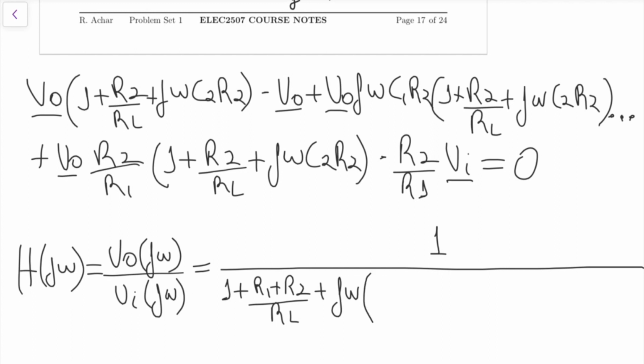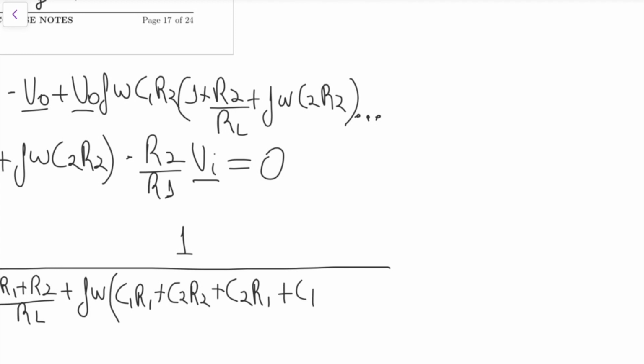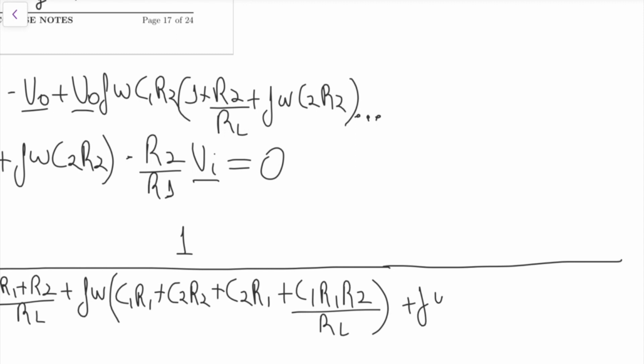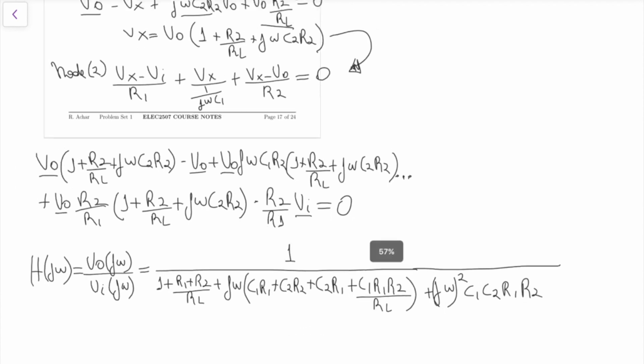Okay, so j omega C1 R1 plus C2 R2, sorry, C2 R2 plus C2 R1 plus C1 R1 R2 divided by RL, and it continues, plus j omega, and that's squared, C1 C2 R1 R2. So that's the voltage transfer function.